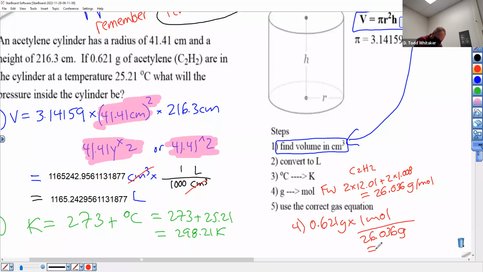Yeah, that's pretty small. Well, if it was 1/10, it would be 2.6, and it's less than that. 0.02. Yep. And units are now mole.